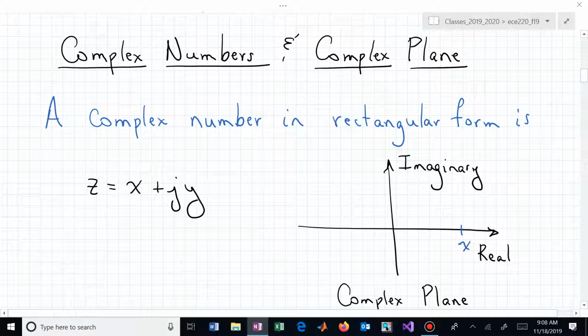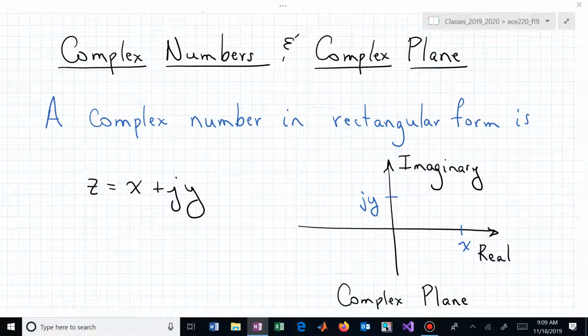Here is the real component, that's x. Here's the imaginary component, and when we go imaginary, we basically say, oh, you're going in the vertical direction. You indicate that by scaling it by the square root of -1, or j.